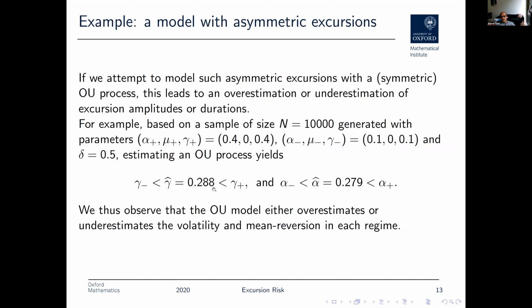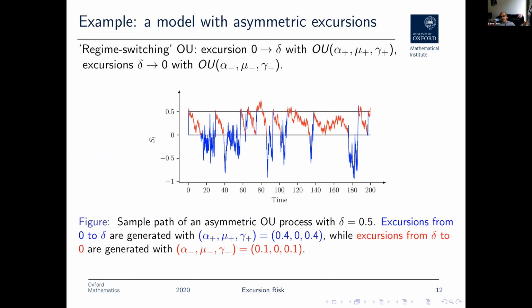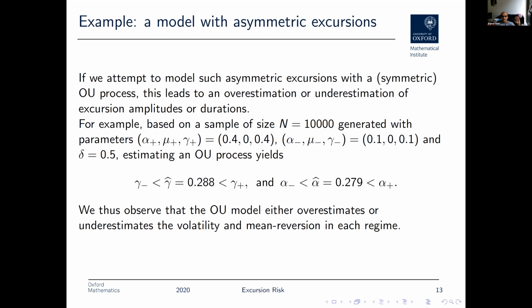So this shows that if I ignore the asymmetry, that's maybe why I get these very incorrect representations of the amplitudes and the durations of the excursions, because I'm trying to fit one parameter or two parameters to the entire sample, whereas in fact, the strategy only cares about one part of the excursions, and I'm not representing that correctly.